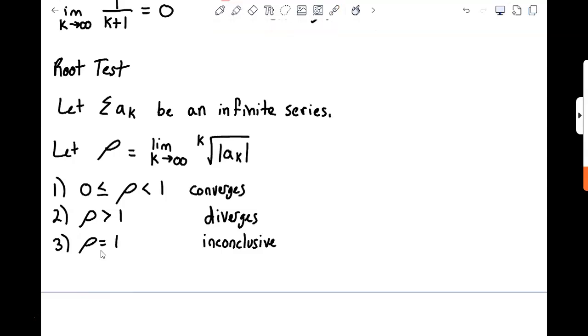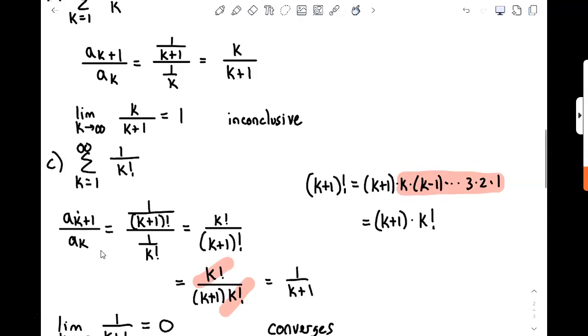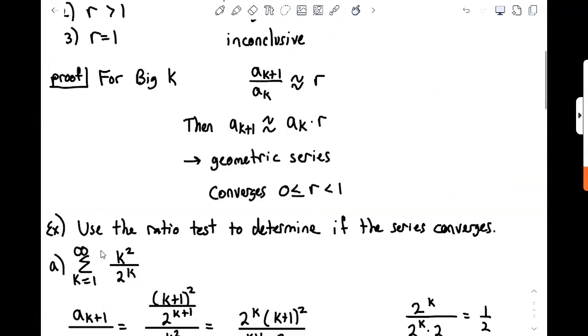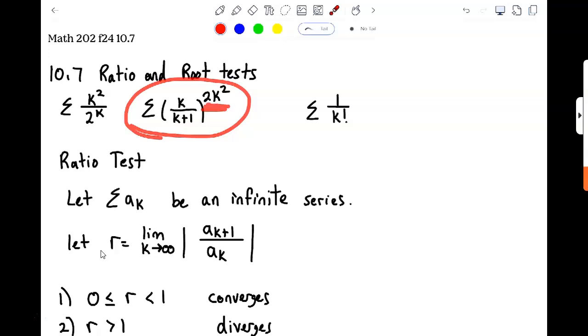And so what we're going to do is look at some examples, and we'll see that sometimes the test is really, really good, particularly if we're dealing with series that involve powers involving k. This is when the root test really, really shines.